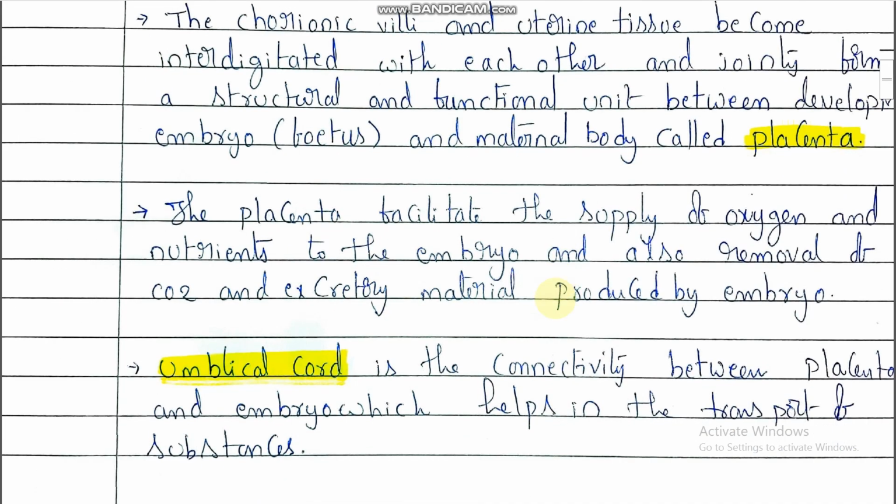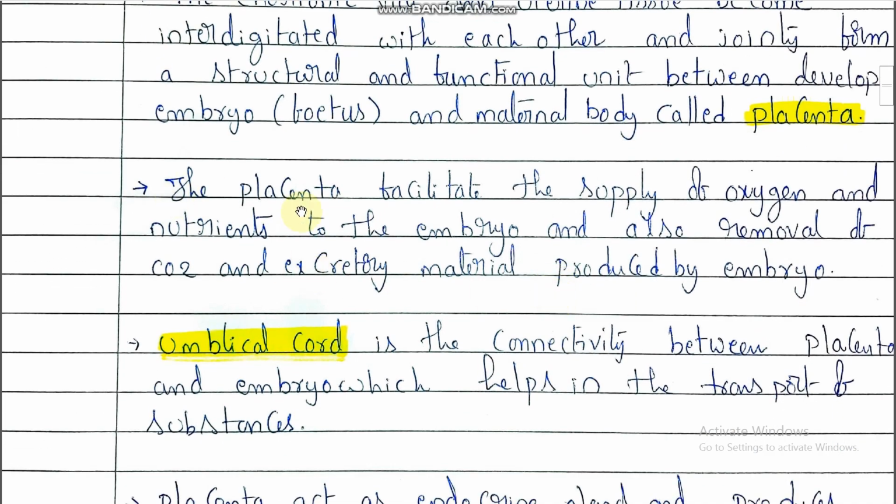So what is the function of the placenta? The placenta facilitates the supply of oxygen and nutrients to the embryo, and also the removal of carbon dioxide and excretory material produced by the embryo. From where?